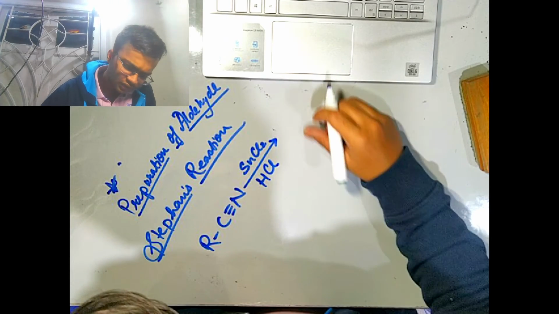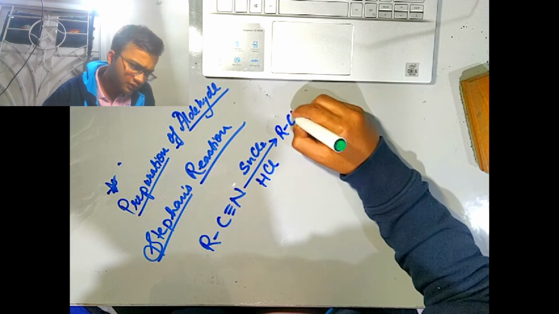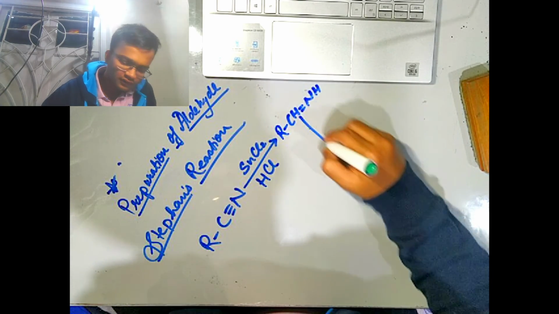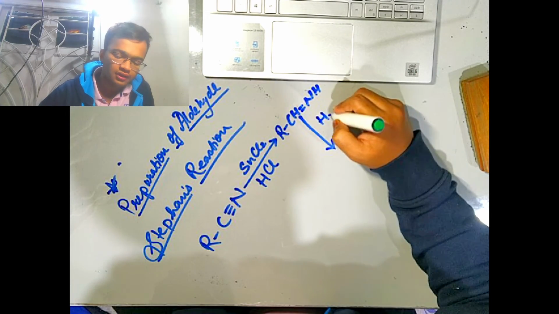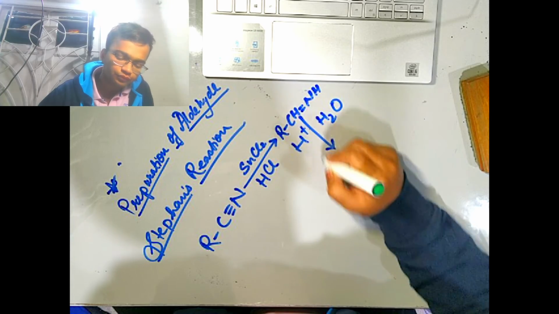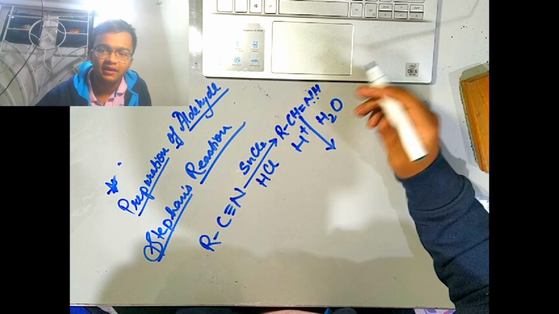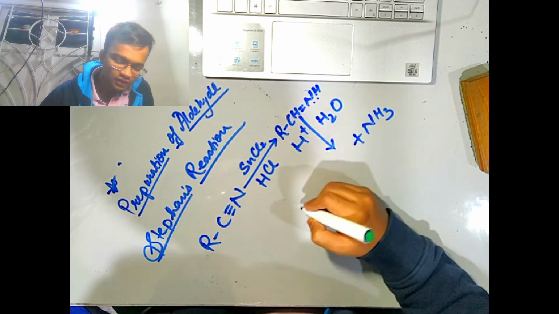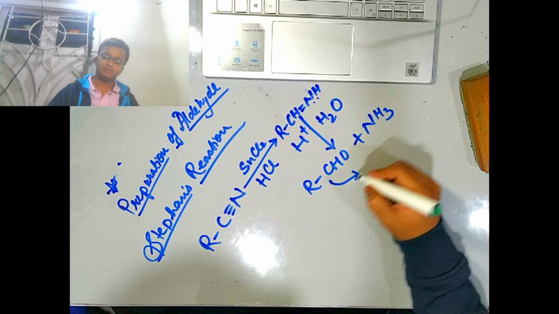Imine looks like this: RCH double bonded NH. This imine on hydrolysis in presence of water in acidic medium, the NH is coming out as ammonia, NH3, and I get my aldehyde, RCHO. This is the aldehyde.